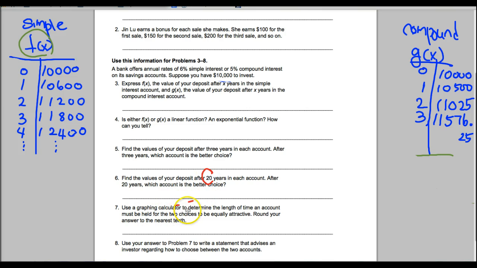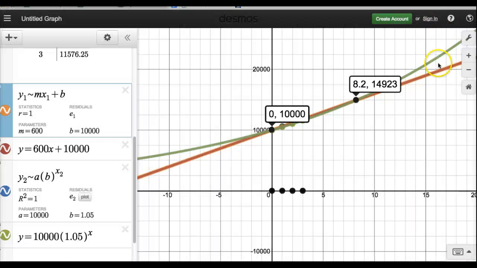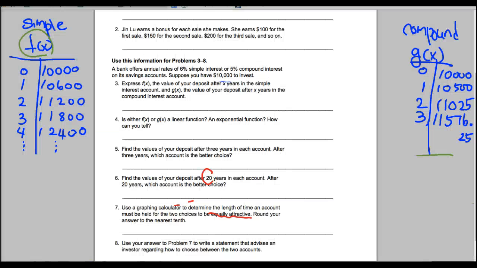And it says use a graphing calculator to determine the length of time an account must be held for the two choices to be equally attractive. We did that, didn't we? We had to go back, and it was actually at 8.2 years, right? And it was already rounded. So it will take 8.2 years for both accounts.